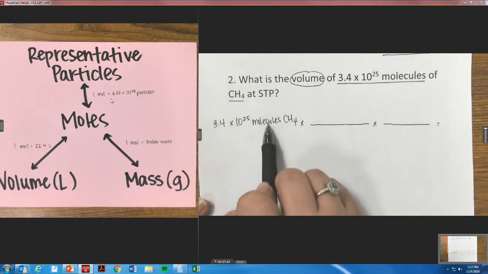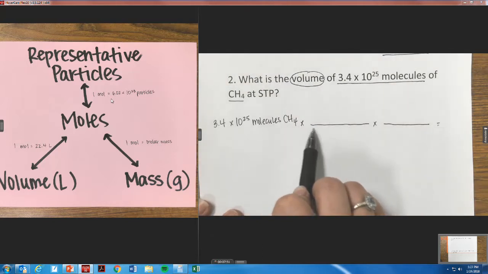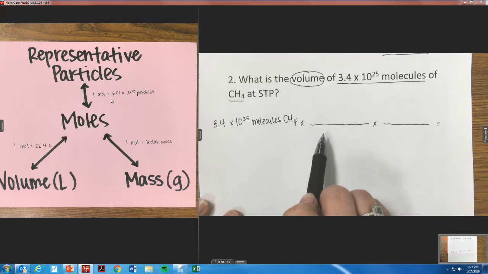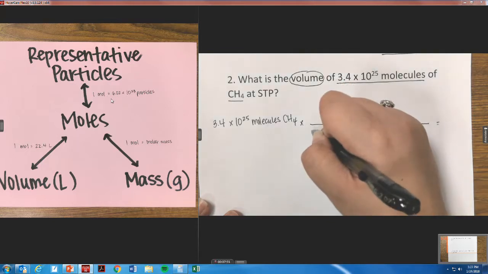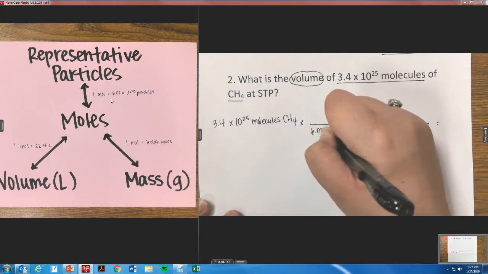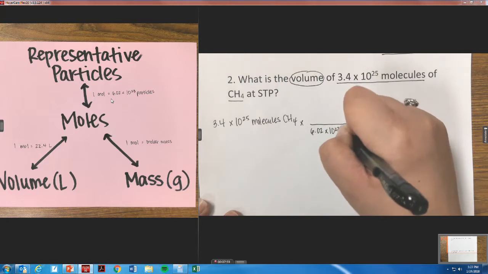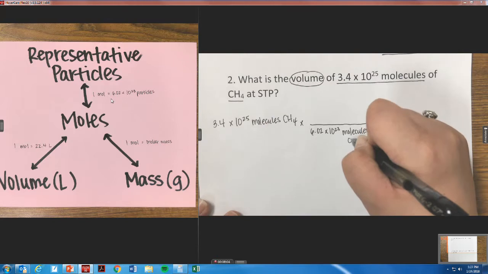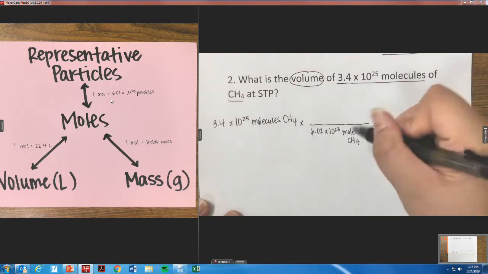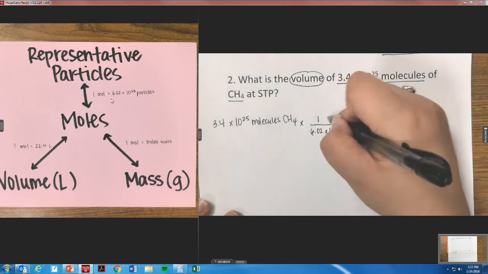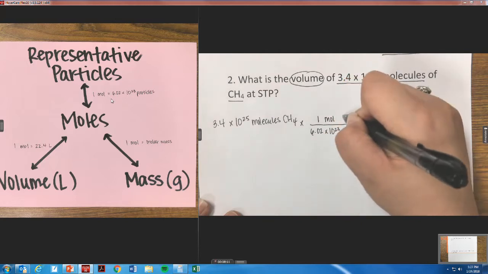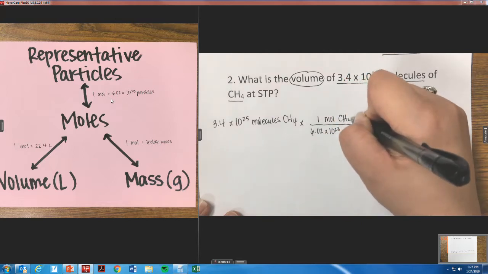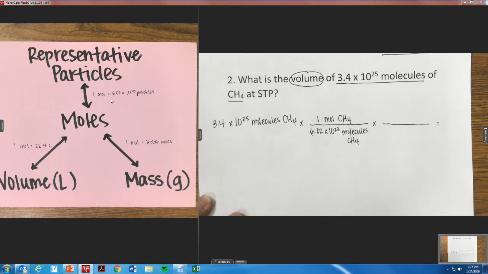Well, remember, if this is molecules, then the one on bottom should also be molecules. So 6.02 times 10 to the 23rd molecules of CH4, and what would go on top would be our 1 mole of CH4. That's our first conversion factor.